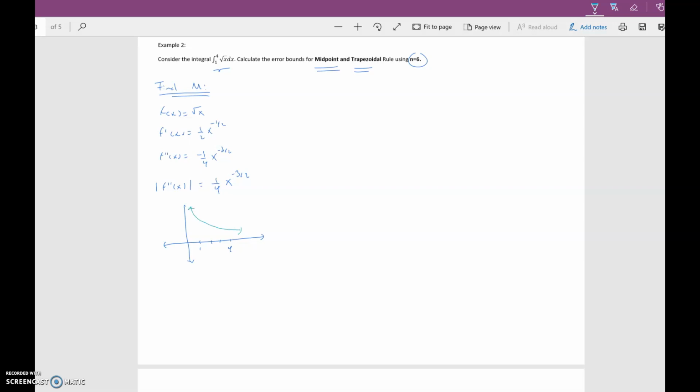So the maximum is going to occur at x equal to 1. So therefore, the absolute value of f double prime of x is going to be less than or equal to 1/4 times 1 to the negative 3/2, less than or equal to 1/4.